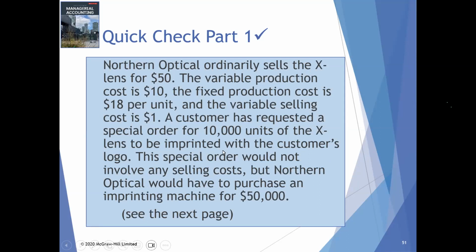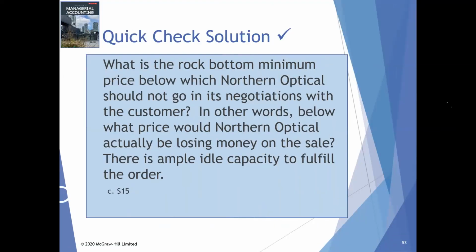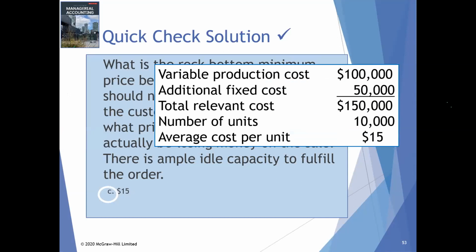The second expenditure that we can calculate will be $50,000, right? So to produce 10,000 units, we need to spend two amounts. The one amount will be $100,000 and the second will be $50,000. The total will be 150,000. So that is the total relevant cost for making the decision.